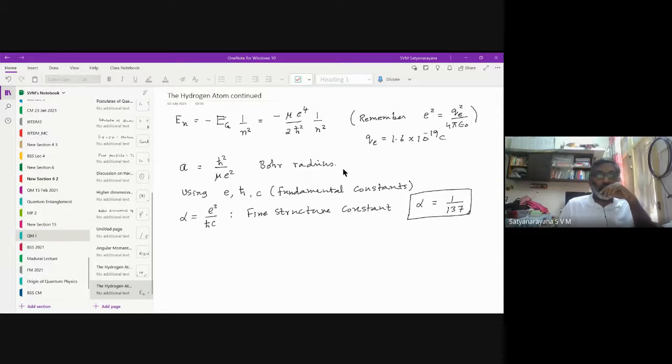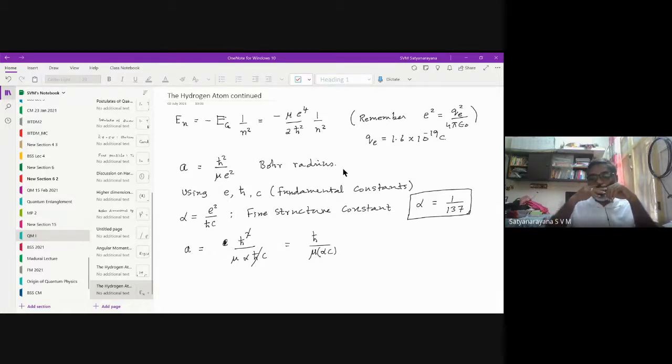For example, if I want to write down the Bohr radius, I can write e square as alpha h bar c. So h bar square divided by mu into alpha h bar c. This h bar will cancel, and this is equal to h bar divided by mu into alpha c.